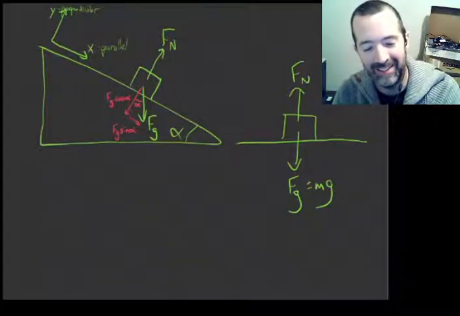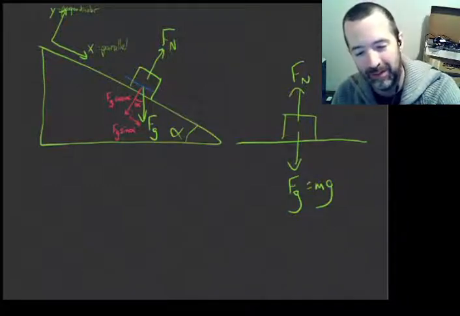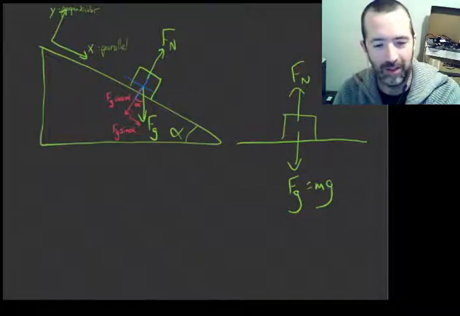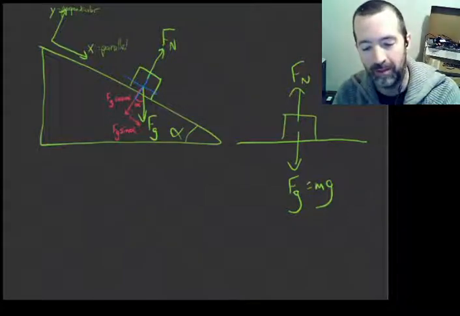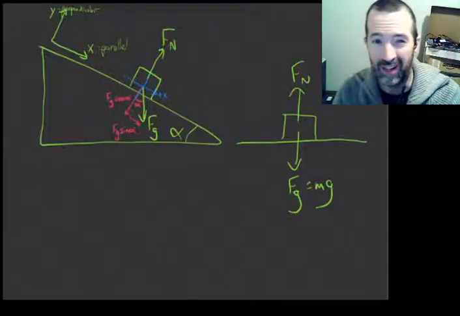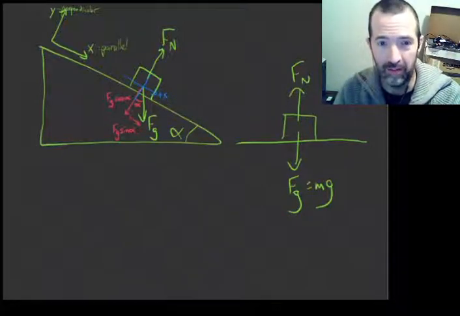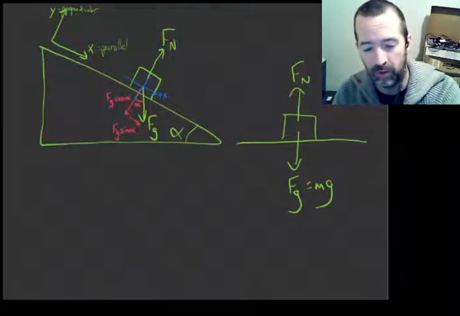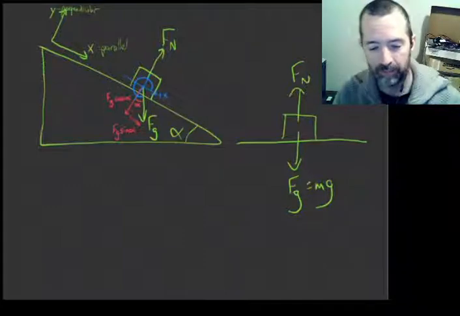I'm going to use another color here. This is in blue. That's a set of axes there. The positive x direction is going downhill. So that angle theta, the way I would measure theta for a unit circle, goes like that.